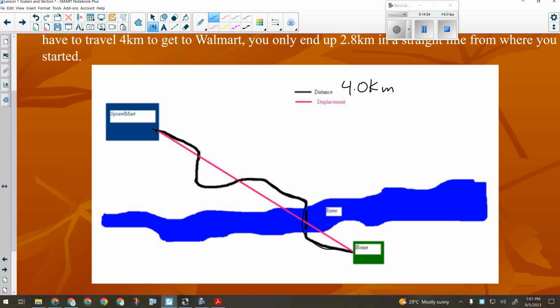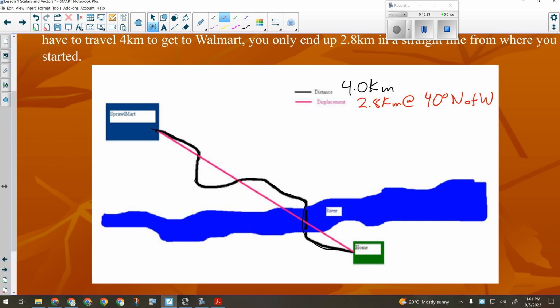And it's a vector quantity. So let's say that for that one, we'd be looking at 2.8 kilometers at 40 degrees north of west.